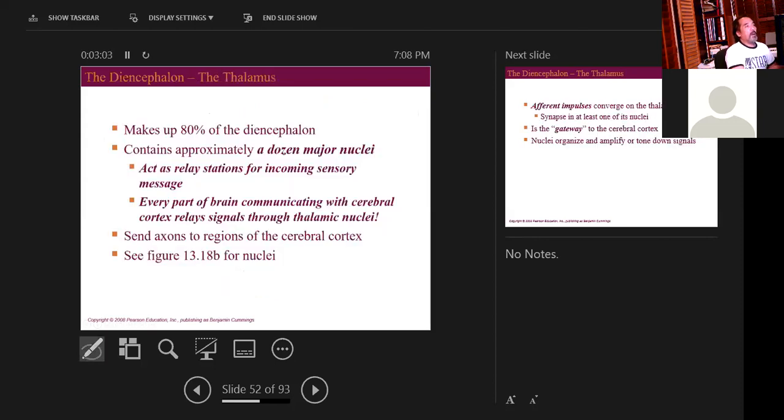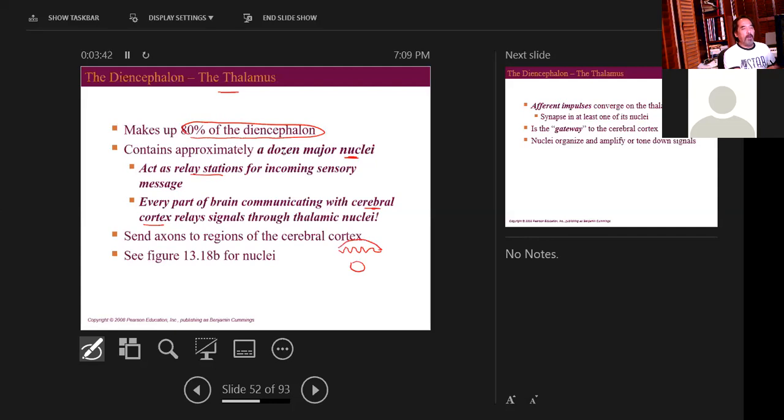Your thalamus makes up 80% of the diencephalon, and it has a lot of nuclei. When you say nuclei, it has a lot of cell bodies that have certain functions. But the main function is that it acts as a relay station for incoming sensory messages, and it communicates with the cerebral cortex.